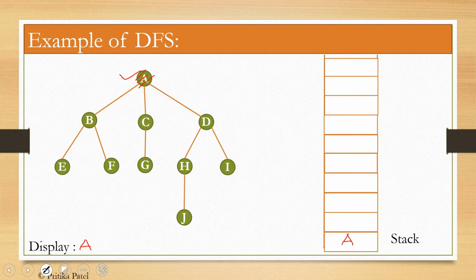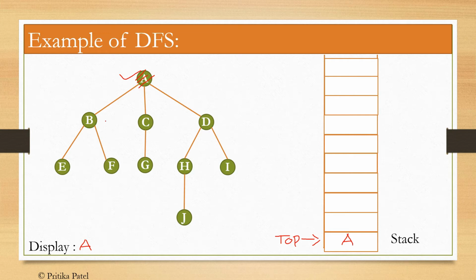Now rule number 2. If the stack top, now here A is inserted into the stack, so top is pointed over here. Now check whether A has an adjacent unvisited vertex.